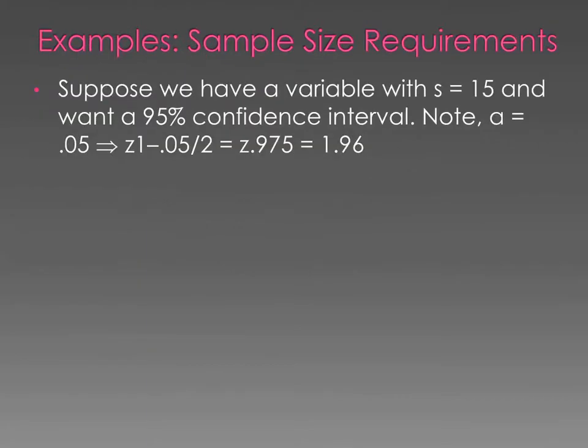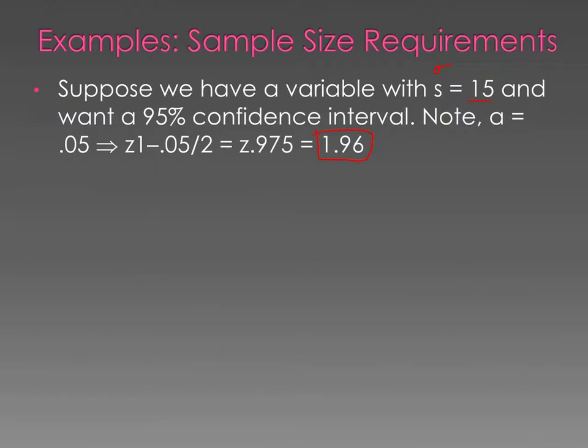So now, if we were to move on and do an example problem of this, suppose we have a variable with s equals 15, which s, if you remember, is for a sample, it's also our standard deviation, and we want a 95% confidence interval. Note that alpha is 0.05, so our 0.05 alpha level will give you a z value of 1.96.